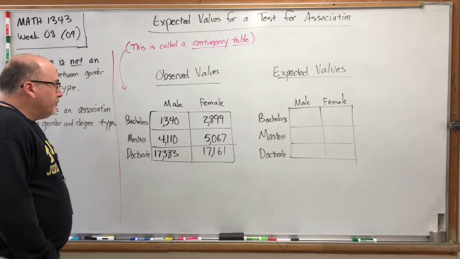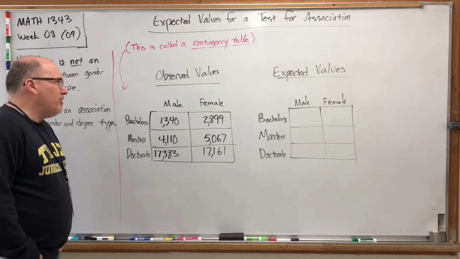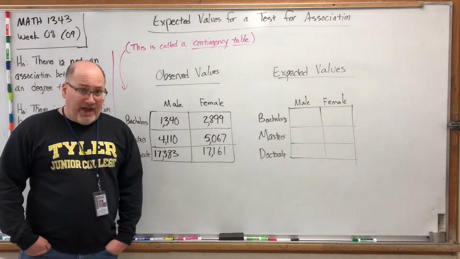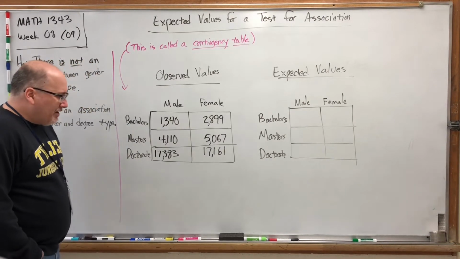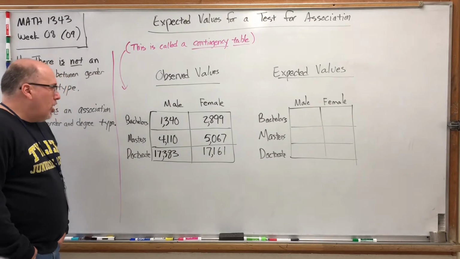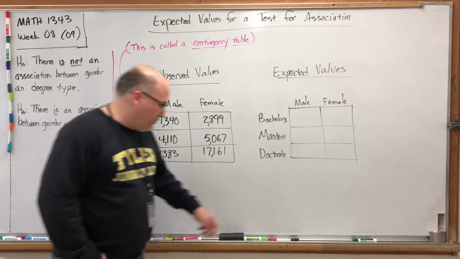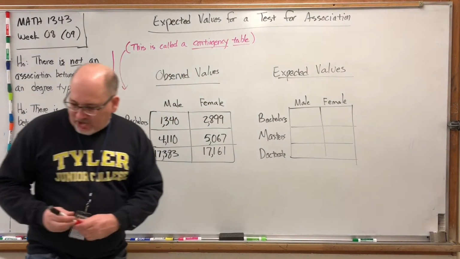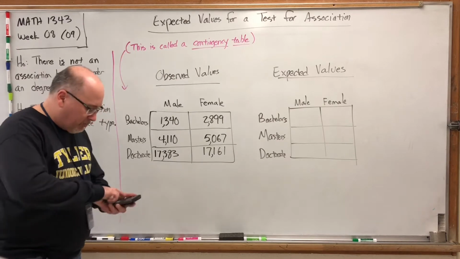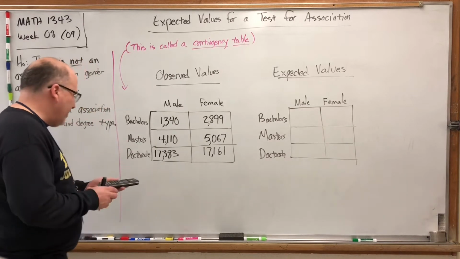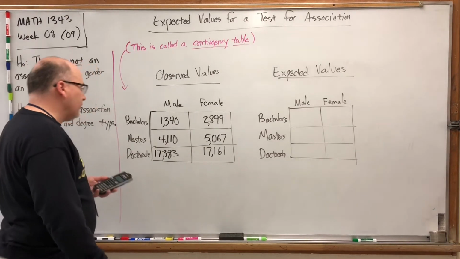So, based on what we observe, how would we calculate what we should expect? Well, that calculation is based on the totals for each row and column in the observed values. For example, and shame on me for not calculating these totals in advance, but that's not too hard to figure out.